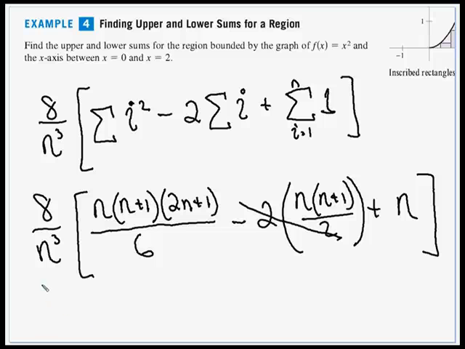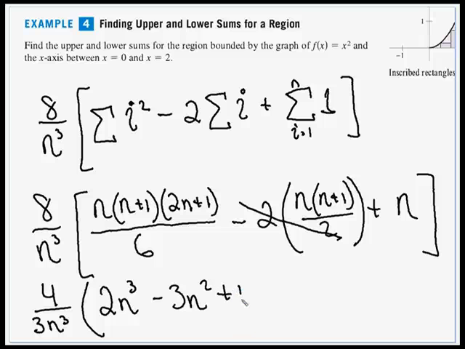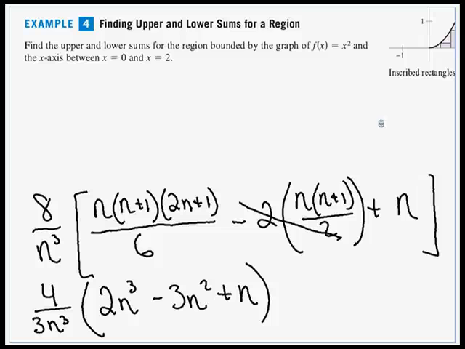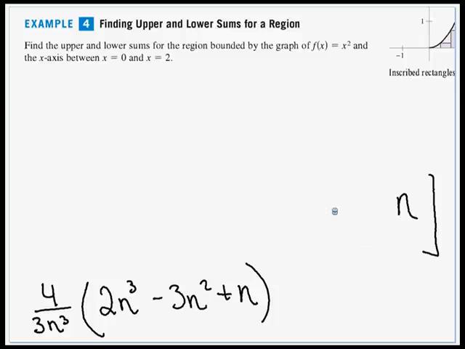Again, when we get everything in order, we're going to have 4 over 3n to the third, and then when we condense all this down, 2n to the third minus 3n squared plus n. So what we did was distribute all of that, factor out what we could, reduce the fraction, and get everything in the parentheses, all our like terms collected.